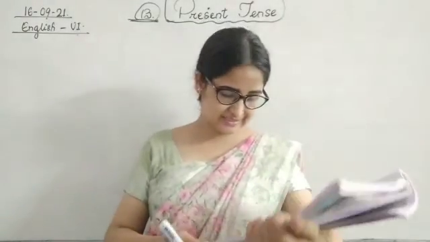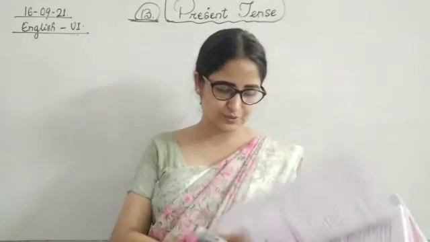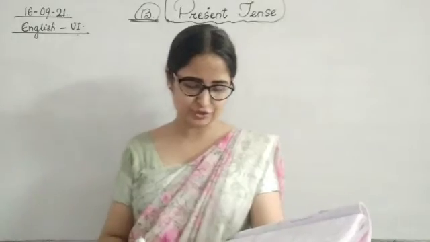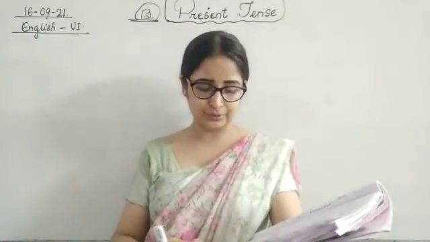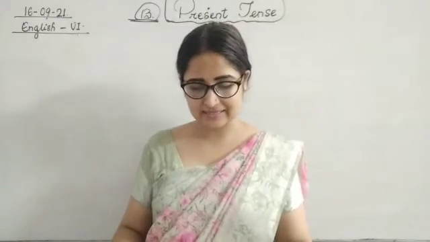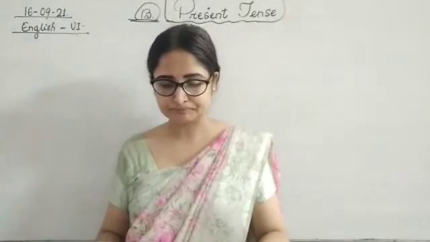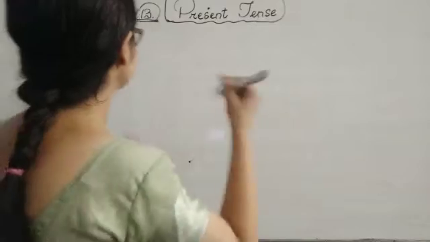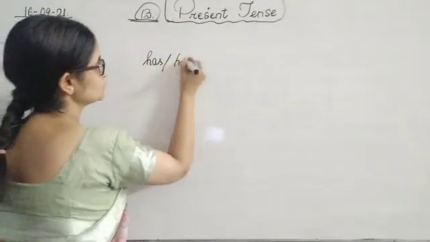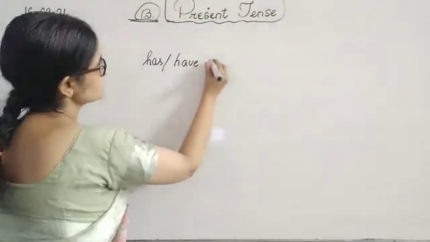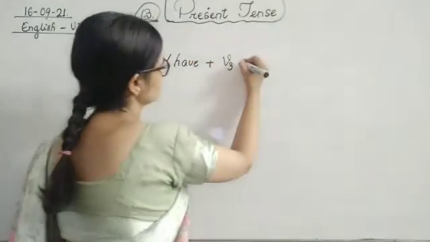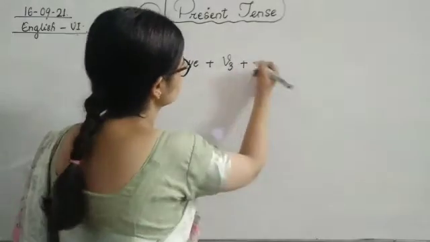So let us see how we can use the structure. It also shows past events, the time for which is not mentioned. They have known each other for years. Yes, so let's get the structure clear here. We use have or has. Has will be used for singular, have will be used for plural, plus the verb third form, the past participle form.